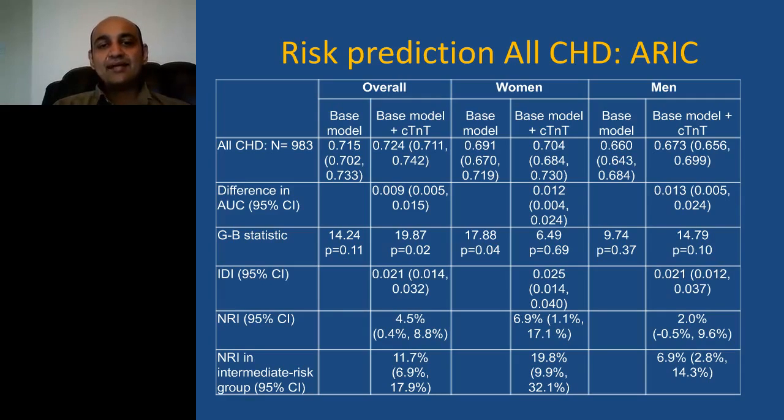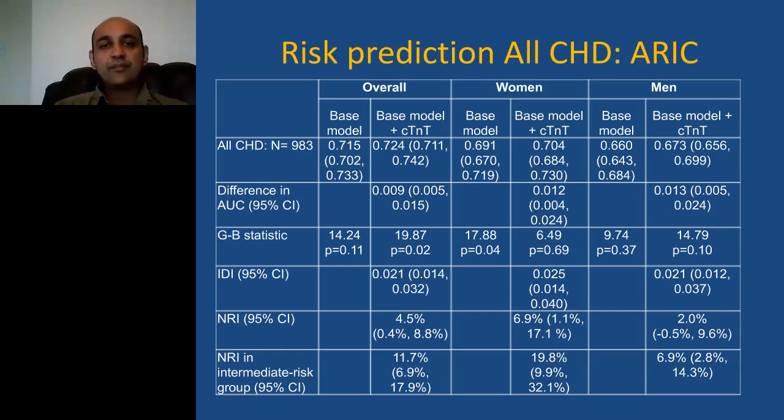In other words, if I add a marker to a risk prediction score, it's going to classify some people to a higher risk group and a lower risk group. The key is, how good was this risk reclassification? If you were classified to a higher risk group and you ended up having an event, that is a good reclassification. On the other hand, if you were classified to a low risk group and you had an event, that's a bad reclassification. So essentially, the NRI summarizes the good and bad reclassification and comes up with a number.